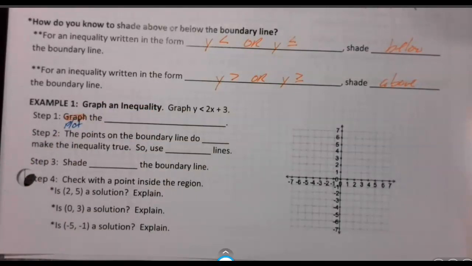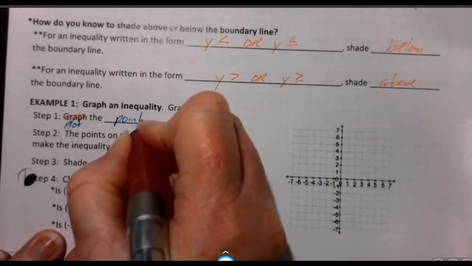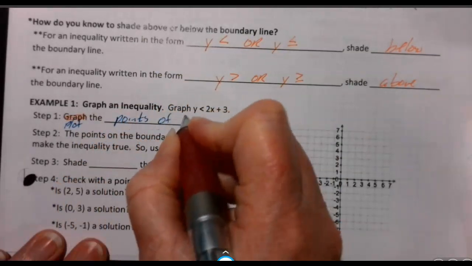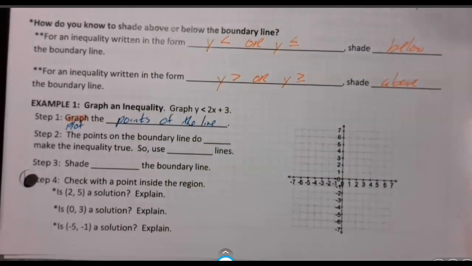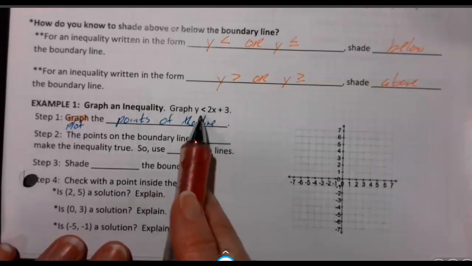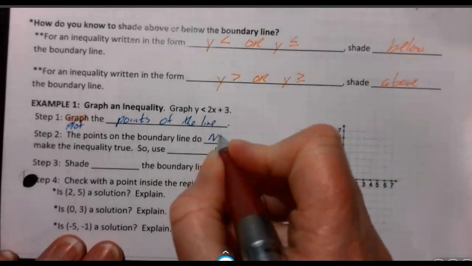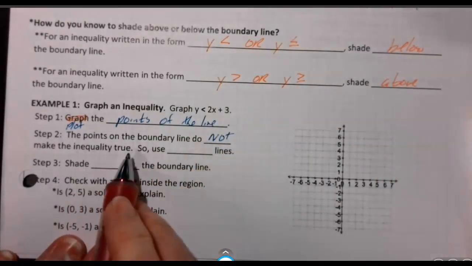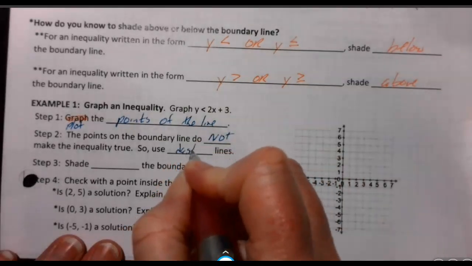We want to plot the points of the line, and then we'll decide if it's going to be dashed or solid. In this one we have less than, so the points on the boundary line do not make the inequality true, so they are not part of the solution. So this is going to be a dashed line.